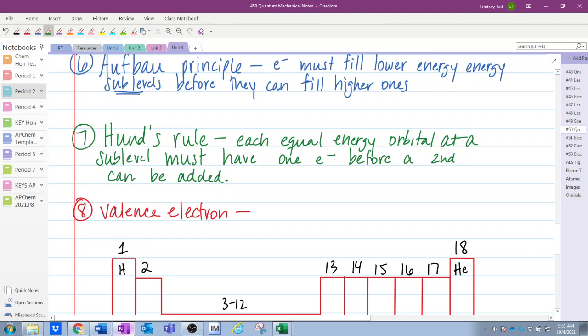Each equal energy orbital at a sublevel must have 1 electron before a second one can be added.